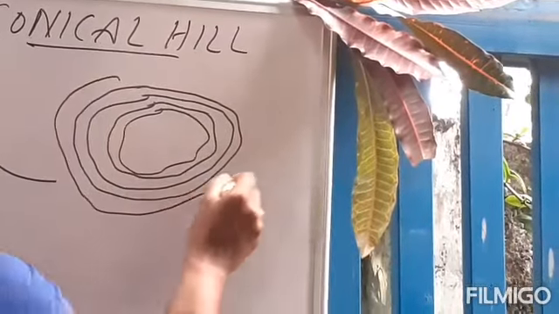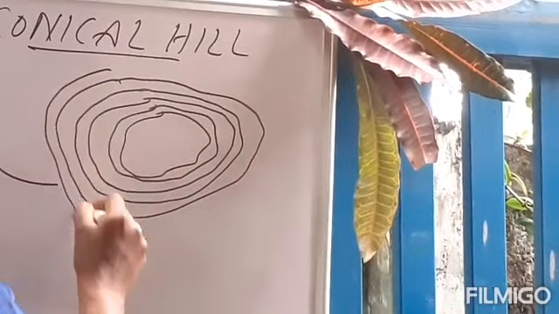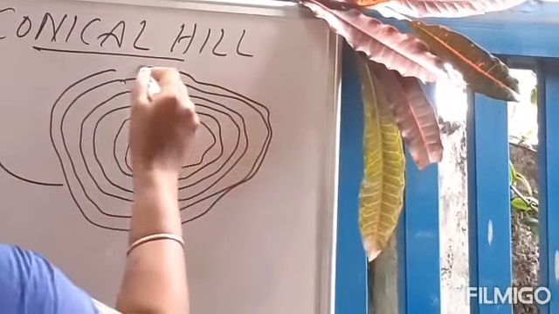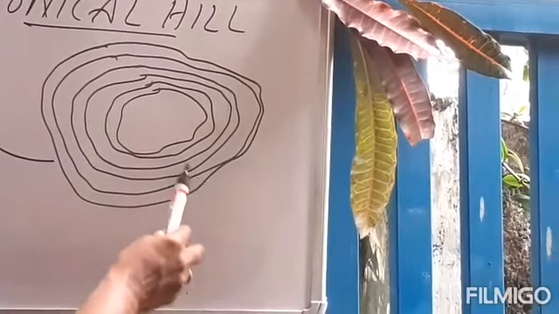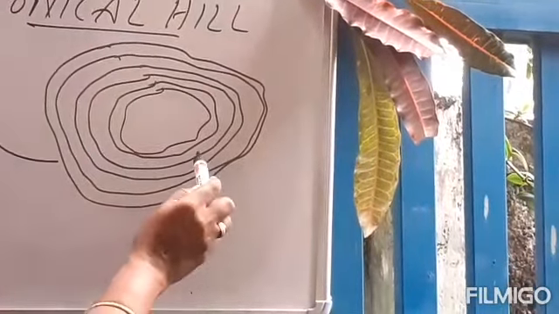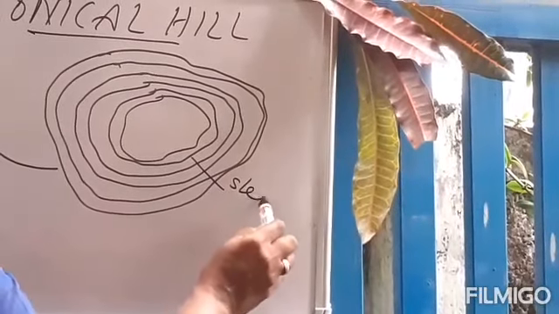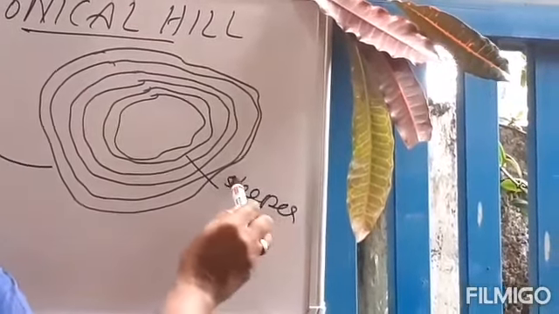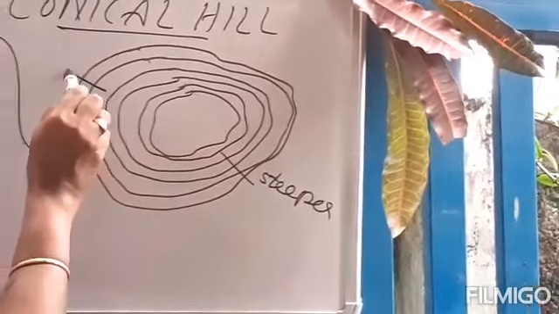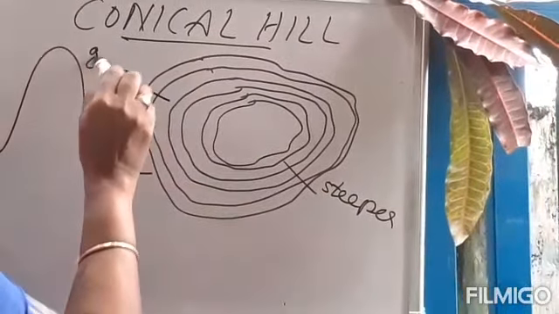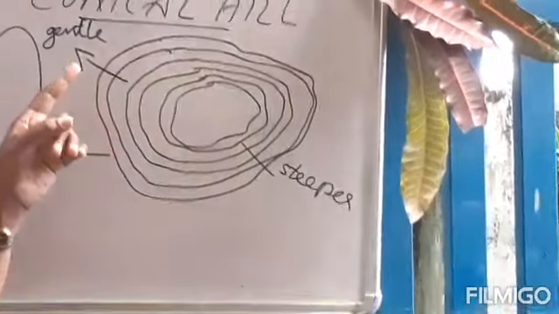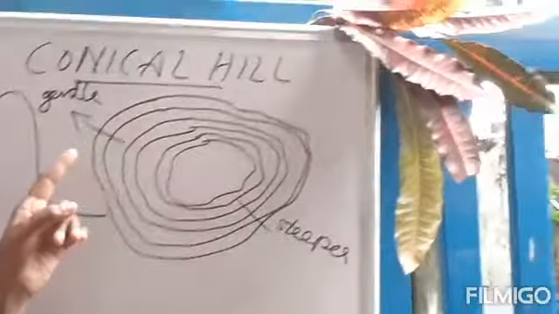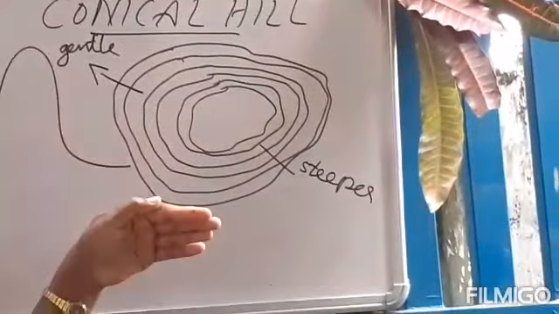One side is steeper and the other side gentle. Some parts of this hill are steeper in slope, where contours are closer, and on another side the contours are farther apart, so it is gentle in slope. A conical hill is the best example to understand the spacing of contours.